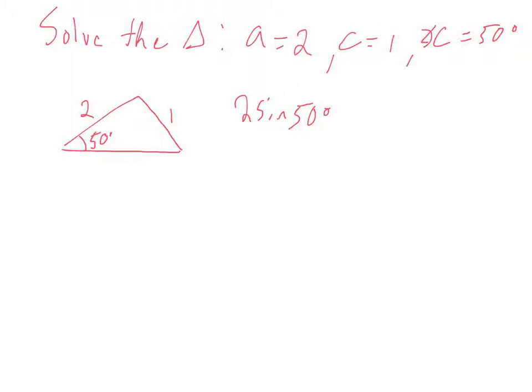So if I do 2 sine 50, I'm going to get about 1.53, which is greater than C, right? So what that actually means is, first of all, no triangle can be made from that. And the reason for that is that C is too small.